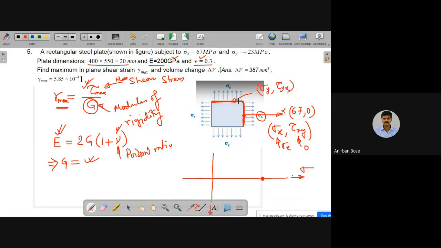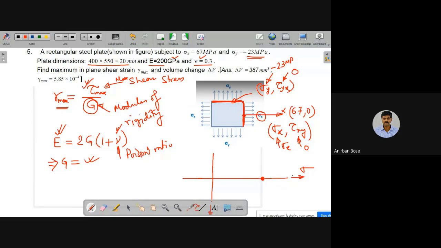This is the shear stress at this plane, and it is clear that no shear is present in this plane as shown, so this quantity is 0. And what is the value of sigma y? Sigma y is negative 23.